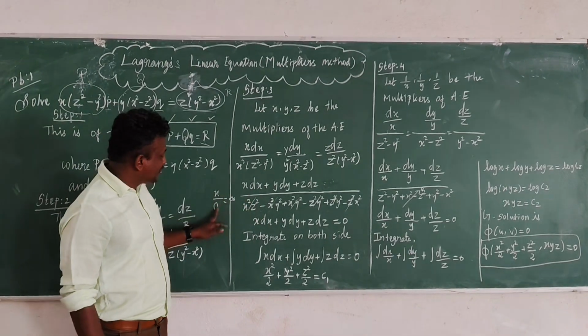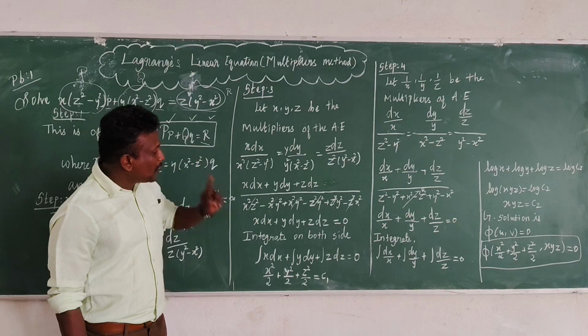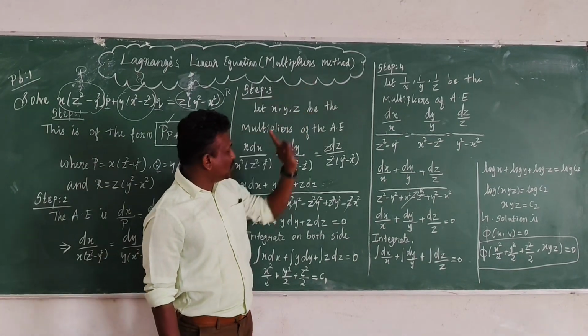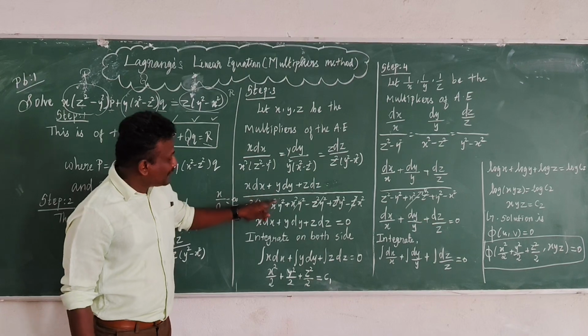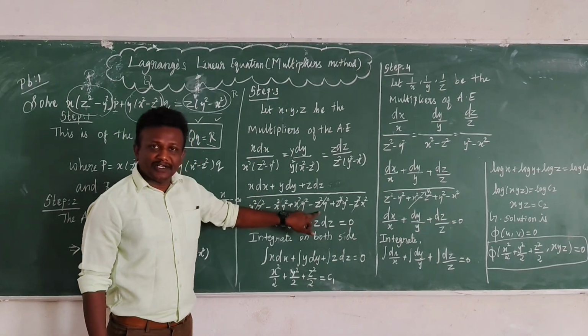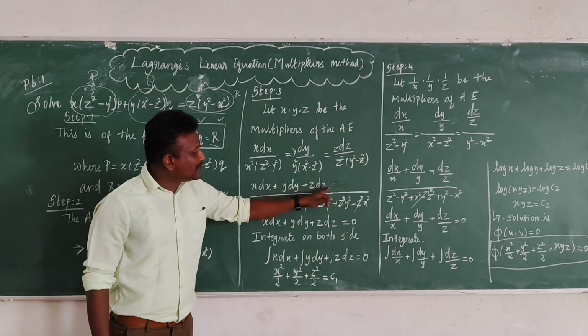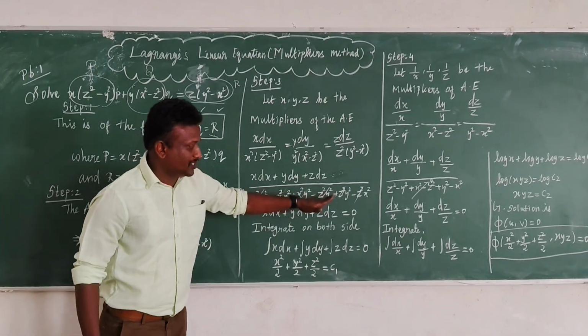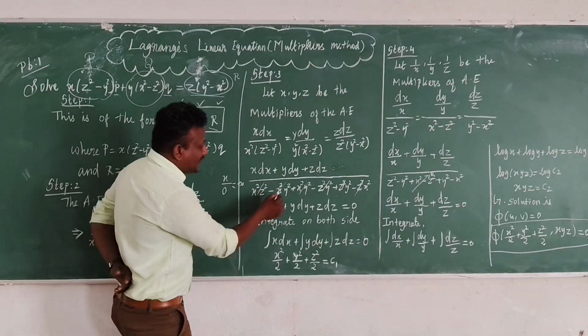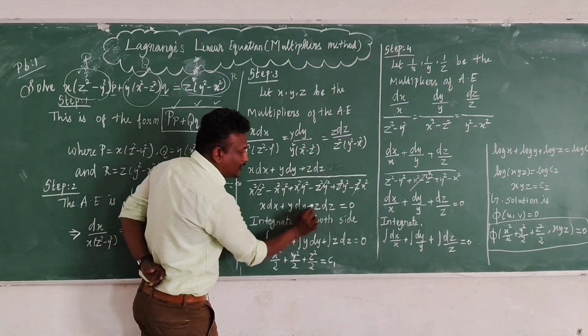Instead, you have to apply the multipliers rule here. What does the multipliers rule say? It says if you are getting 0 in the denominator, then your numerator value is equal to 0. That I have written here, because we are getting 0 in the denominator, right?